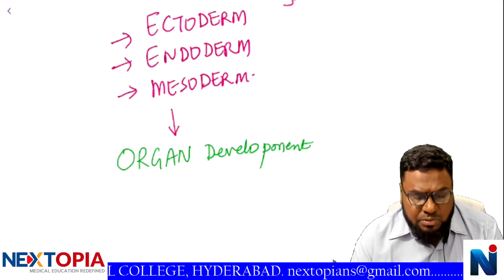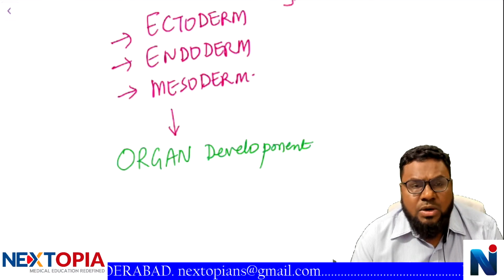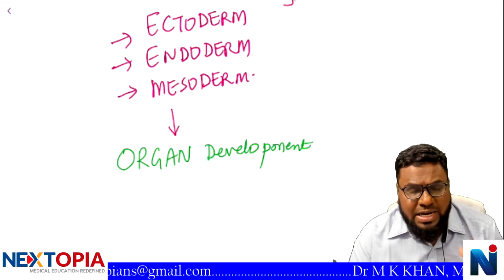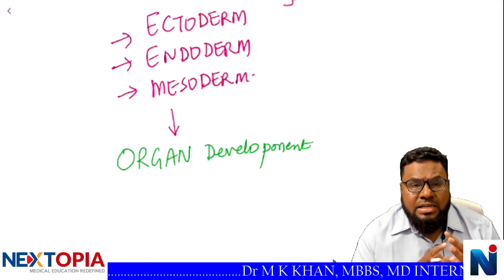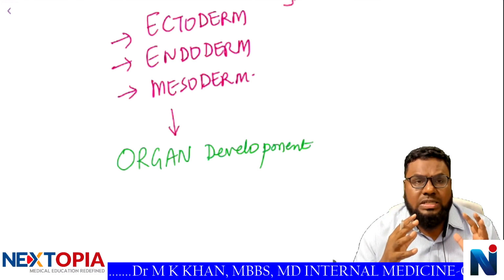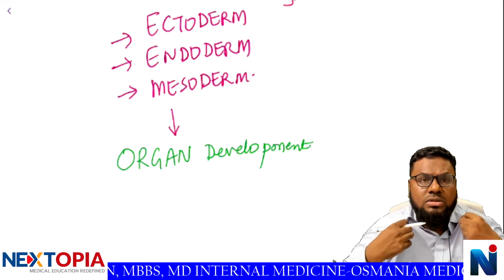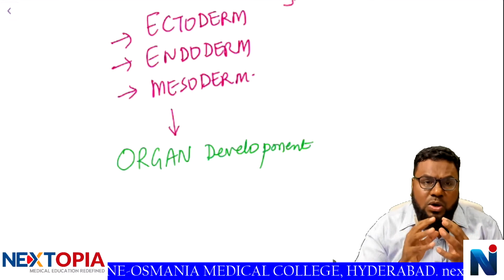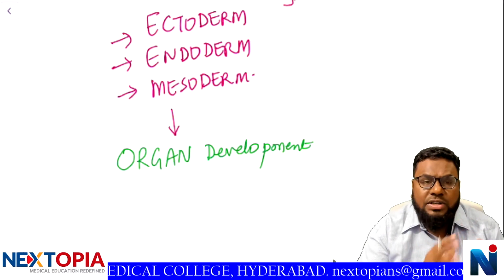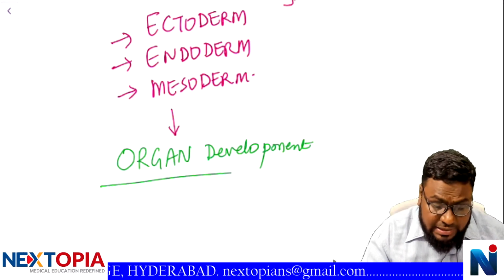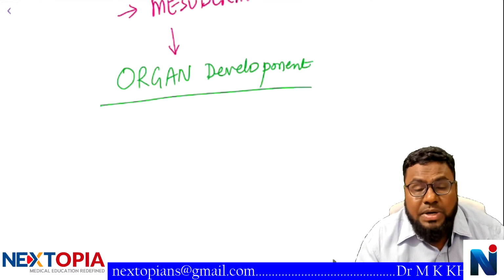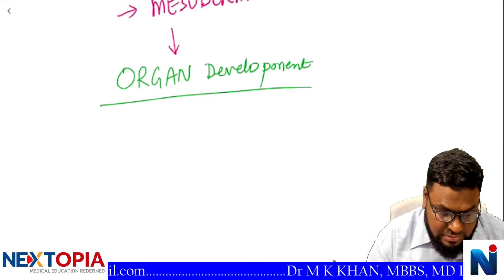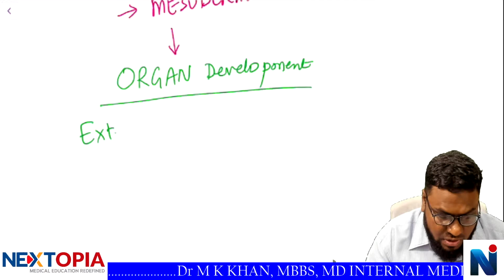All right. So after this, now see, when an organ is developing, we also need some extra supportive structures, like we need clothes to cover ourselves. The embryo also needs some layers of connective tissue to cover itself. That is called extra embryonic supportive membranes.